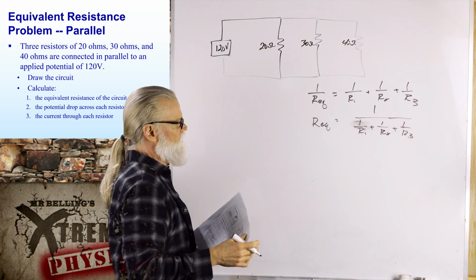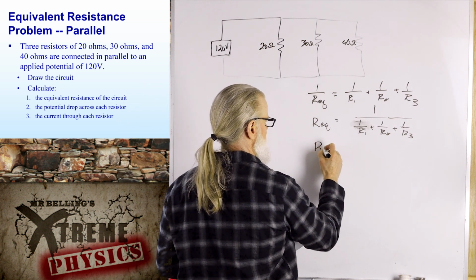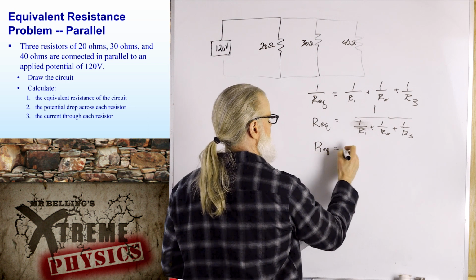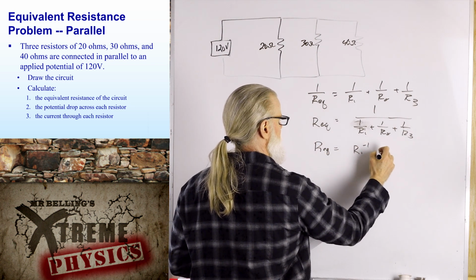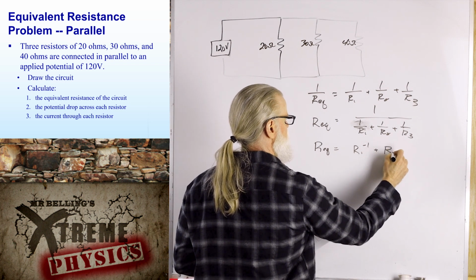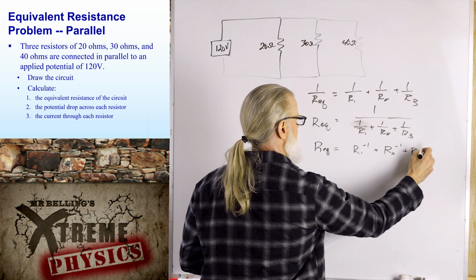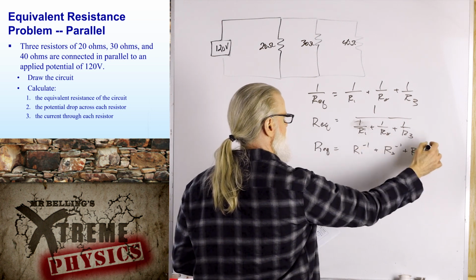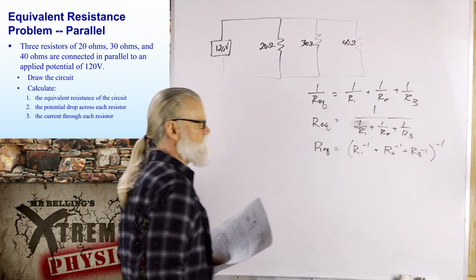Now, it's going to be easiest in your calculator if you think about it like this: R1 to the negative 1 plus R2 to the negative 1 plus R3 to the negative 1. Then we invert the whole thing, all to the negative 1.